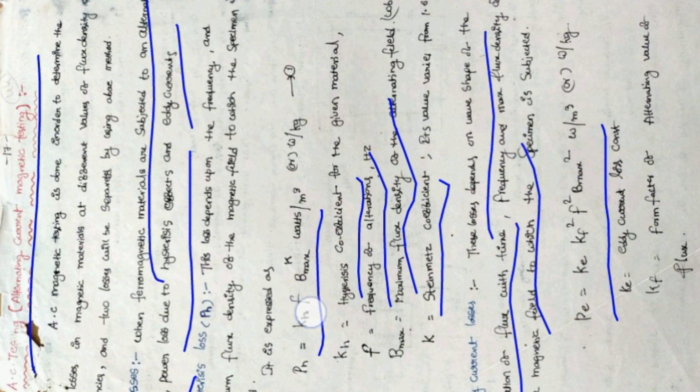Eddy current loss depends on frequency, whereas hysteresis loss is directly proportional to frequency. Eddy current loss is proportional to the square of frequency, where K is the eddy current loss constant and Kf is the form factor of the alternating value of flux. These are the two losses we measure using AC testing.